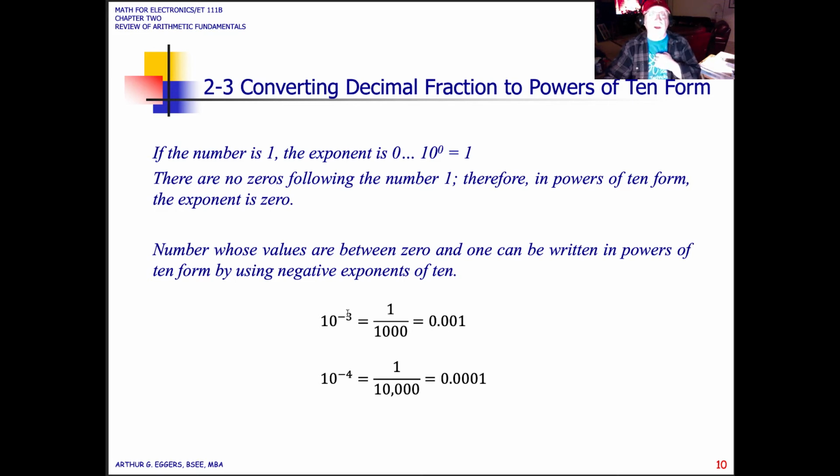So we can express 10 to the minus 3 this way, or this way. They all mean 1/1,000th. The same thing for 1/10,000. 10 to the minus 4, 1 over 10,000, 0.0001, or 1/10,000th. You have to be able to move along this continuum from one to the other sometimes to solve these problems.